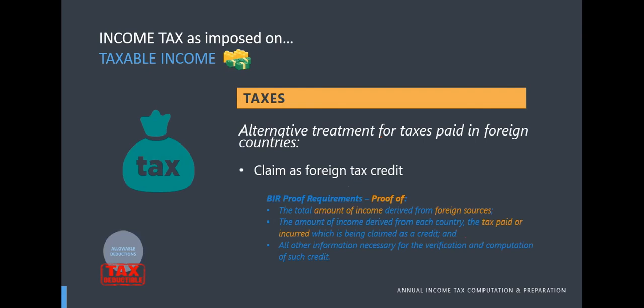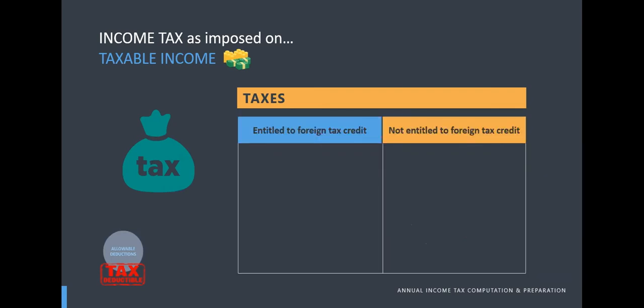The taxpayer must be able to prove the amount of income, or there must be a tax credit certificate that shows the amount of income derived from foreign sources, the amount of tax paid and incurred, and all other information necessary for the verification and computation of the tax credit. So, at the minimum, the taxpayer's name, the nature of the income, etc. So, who are entitled and not entitled to foreign tax credits?